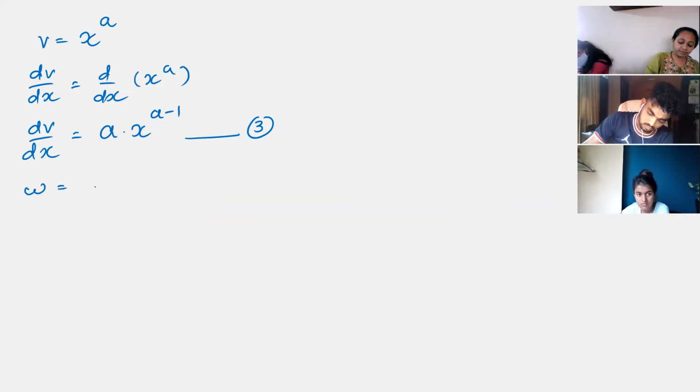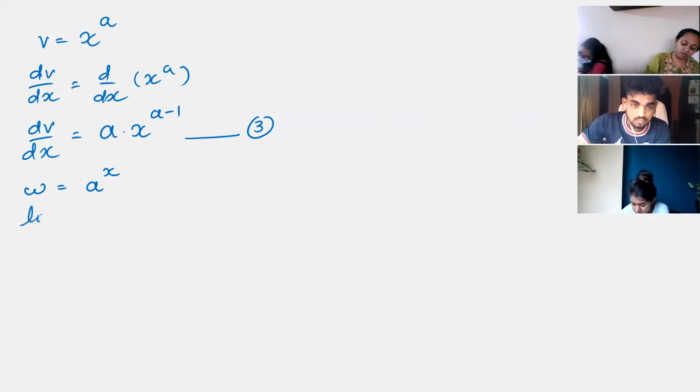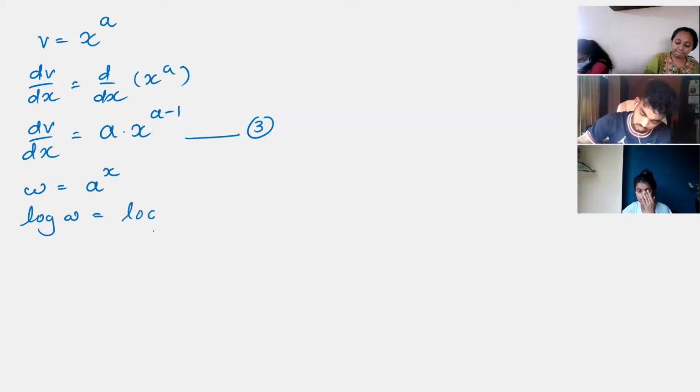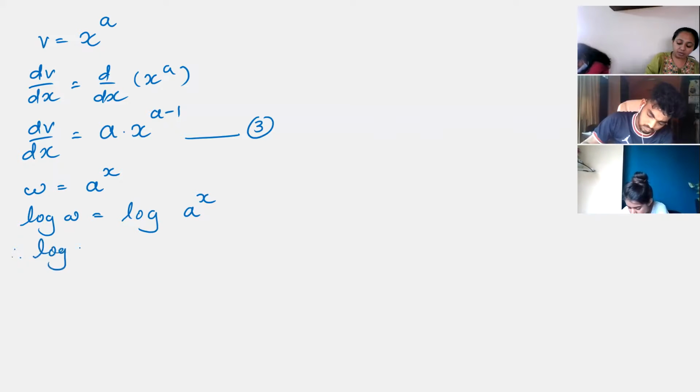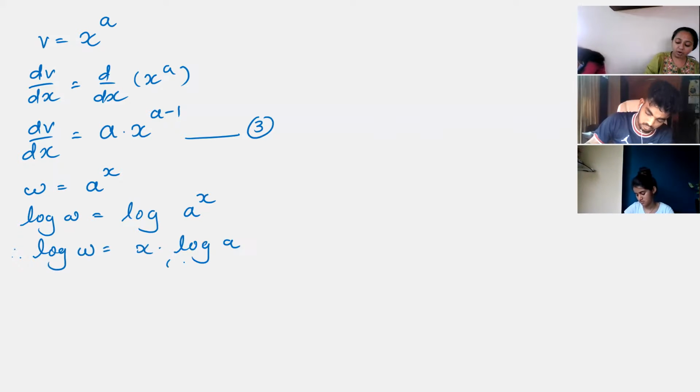W is a to the power x. Again, we can see that the variable is in the power, so log. Log on both sides. Left hand side as it is, log w. Right hand side it will turn to x log a. Log a is constant, by the way.